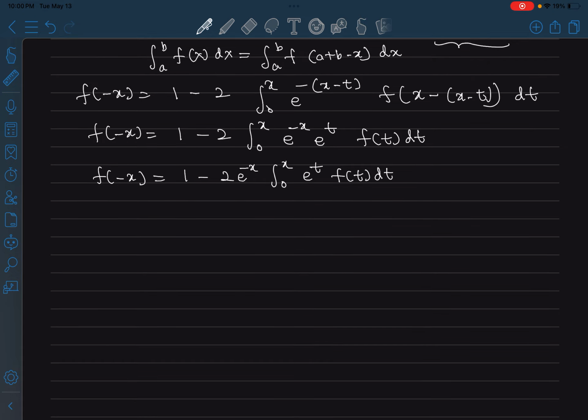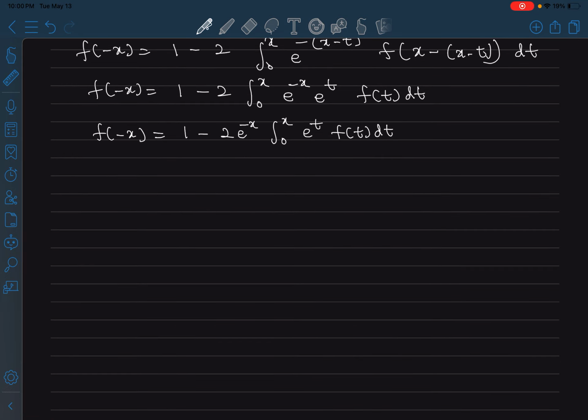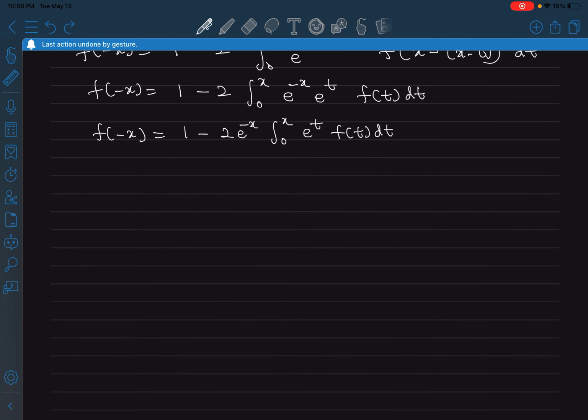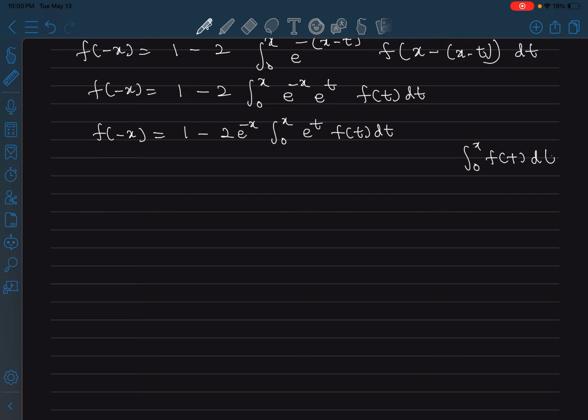Okay, how do we proceed ahead? Now, just as I told, I will try to differentiate this with respect to x. Over here, we have the integral from 0 to x of some function f of t dt, right? And I'm trying to differentiate this with respect to x.